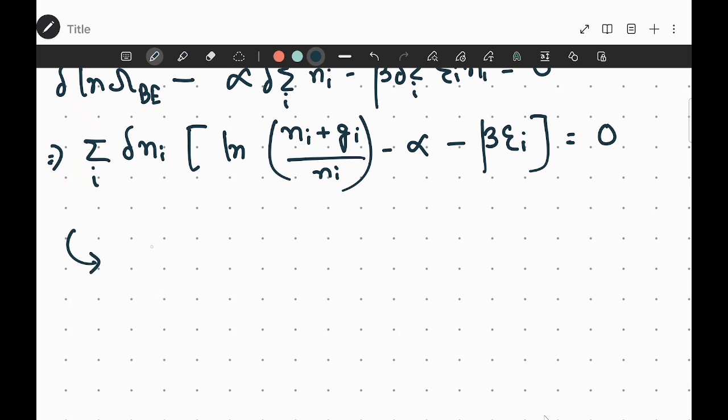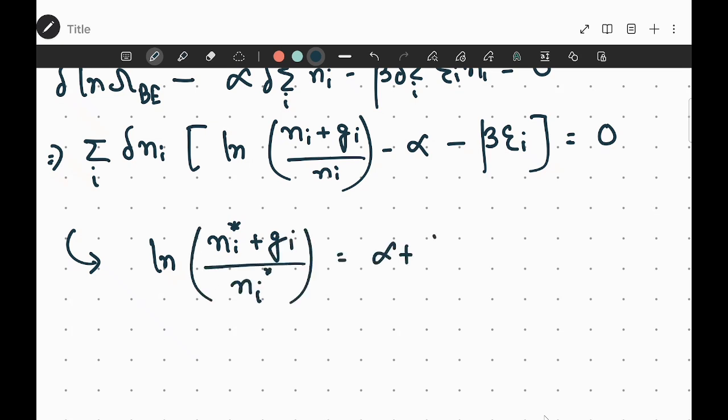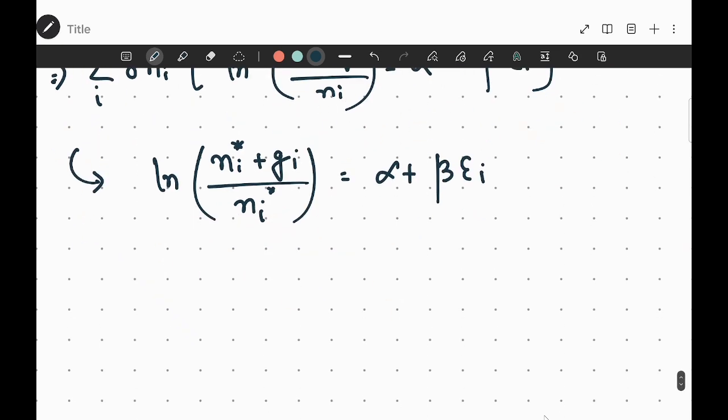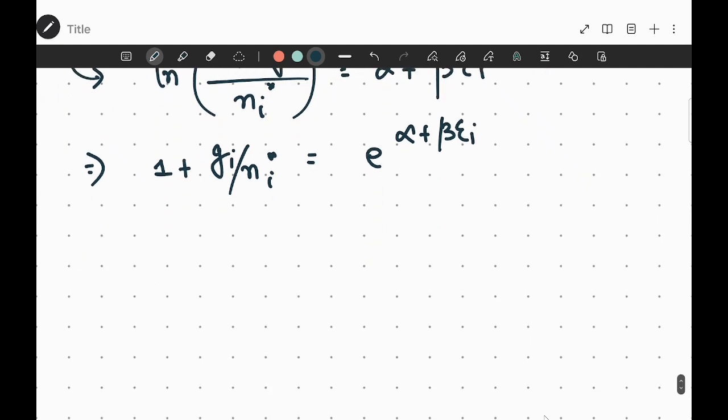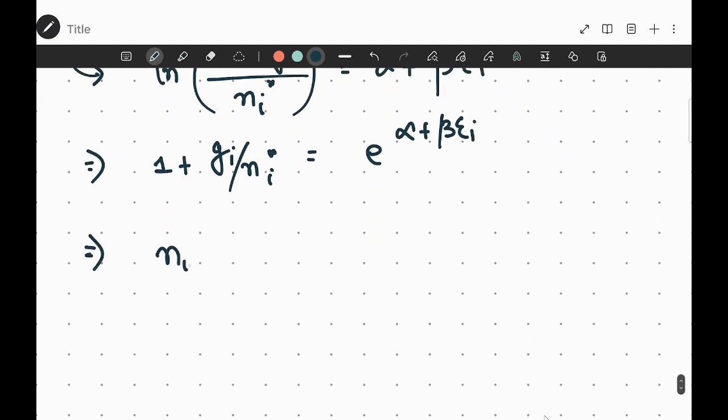From here you can write, now it will be star, because it is now the most probable distribution, equal to alpha plus beta epsilon i. So 1 plus Gi by Ni star equals e to the power alpha plus beta epsilon i.